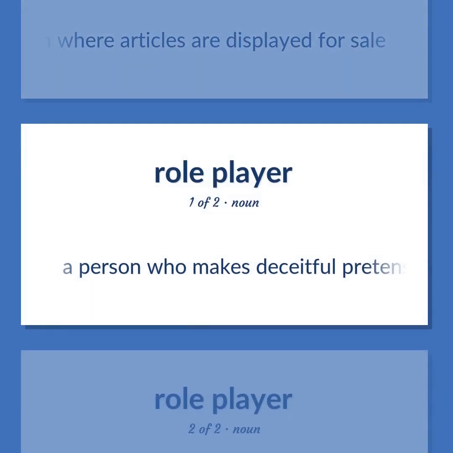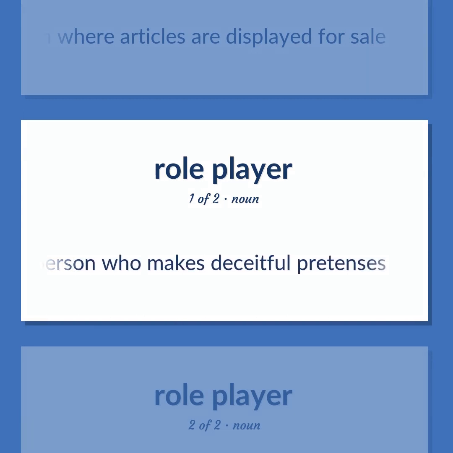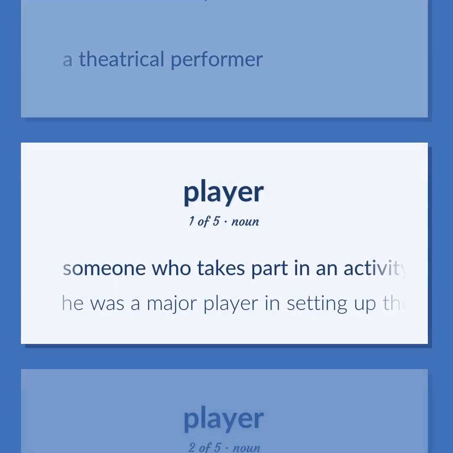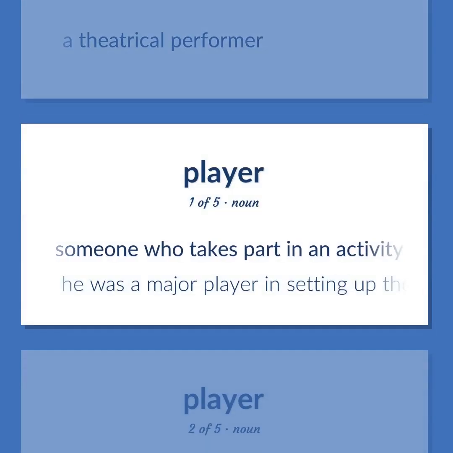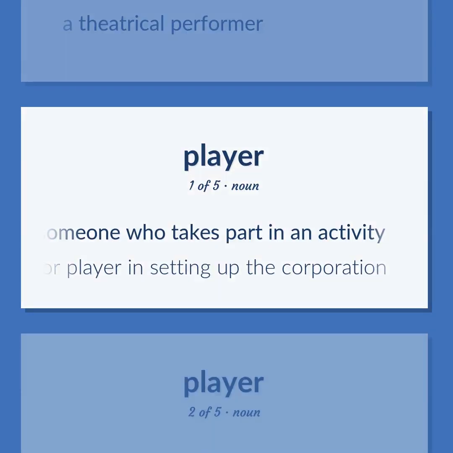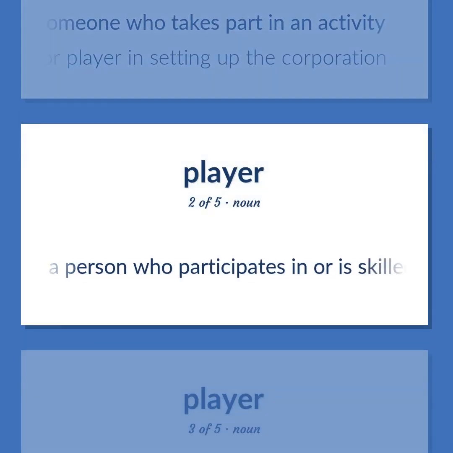A person who makes deceitful pretenses. A theatrical performer. Someone who takes part in an activity. He was a major player in setting up the corporation. A person who participates in or is skilled at some game.